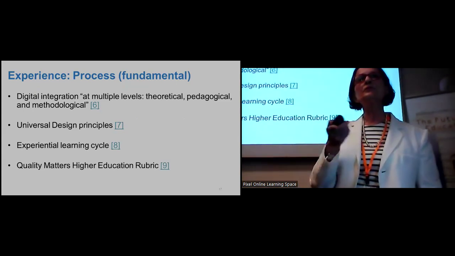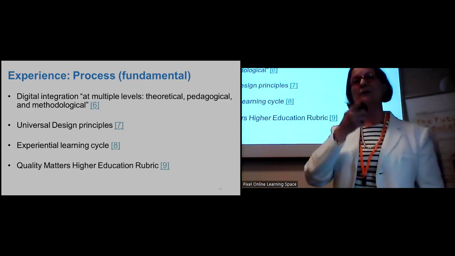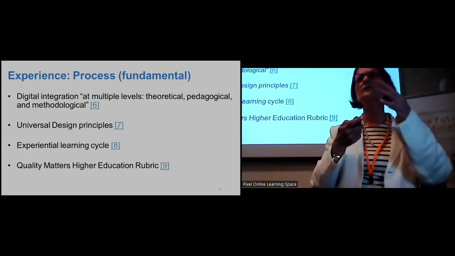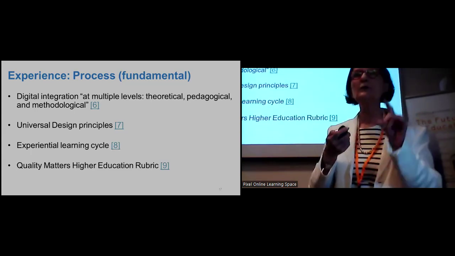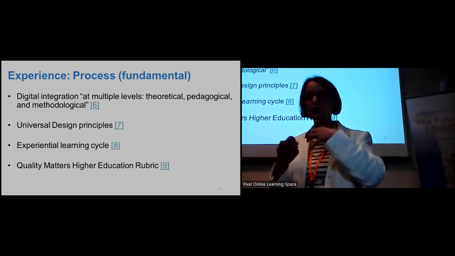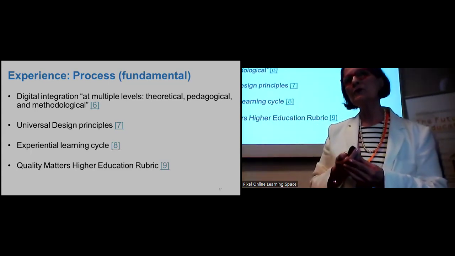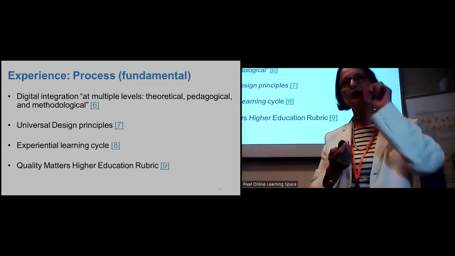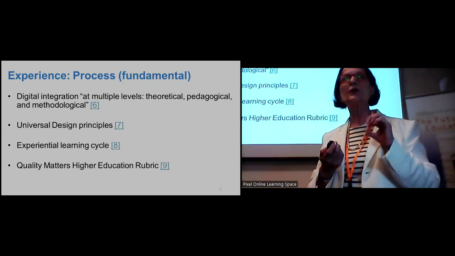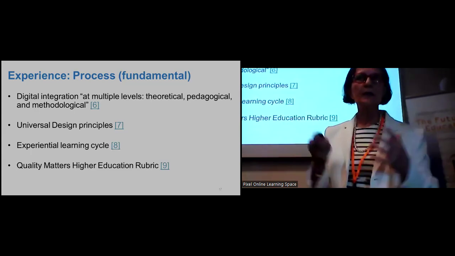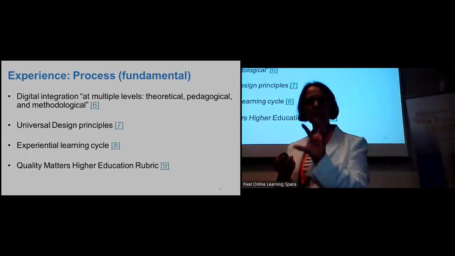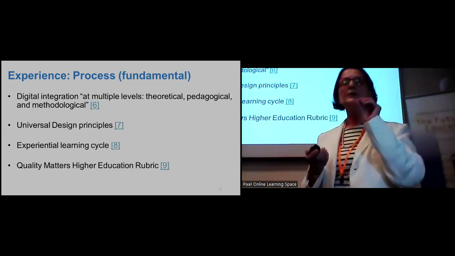And then you have to create, in this course, an experiential learning cycle. What are students experiencing at graduate level in the field that they can share with each other? And then Quality Matters, a higher education rubric that I use as a checklist. It's the golden benchmark of creating an online course. So I'm using this to create my course.